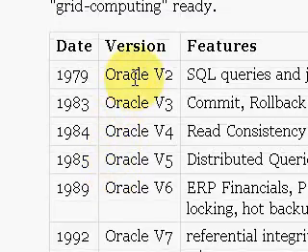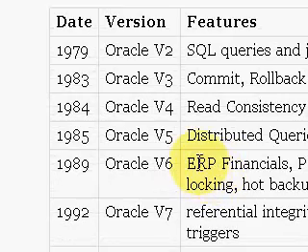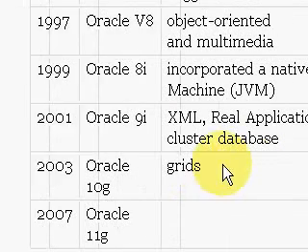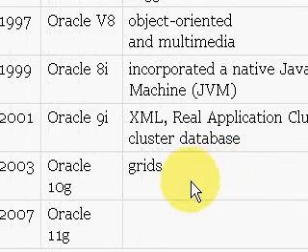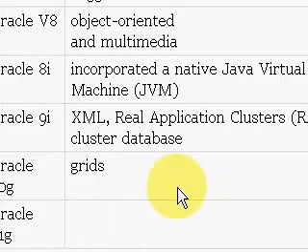There have been many versions since 1979. I won't go through them all, but we can go down to the more current ones. Oracle 8i was in 1999, incorporating the native Java virtual machine.